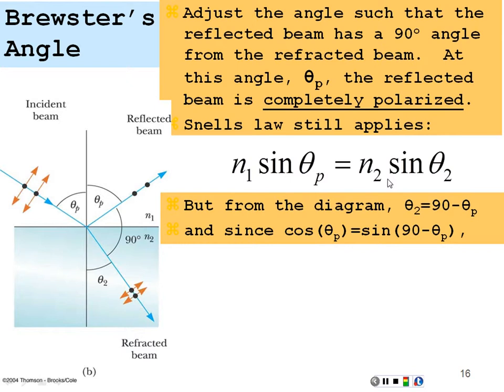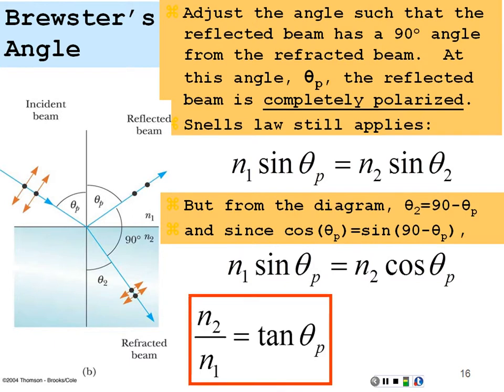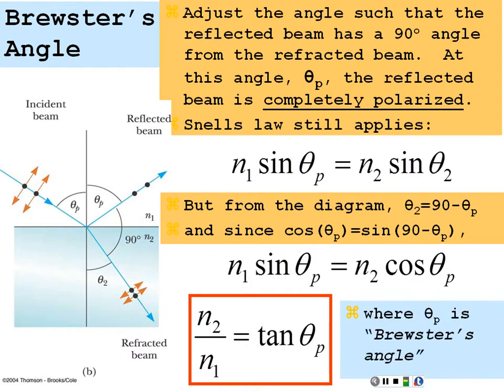So I'm going to substitute in for the sine of theta 2 the cosine of theta sub p. If we divide both sides of this equation by the cosine of our polarizing angle and divide by n1, we get that index 2 divided by index 1 is equal to the tangent of this polarizing angle. This is called Brewster's angle.